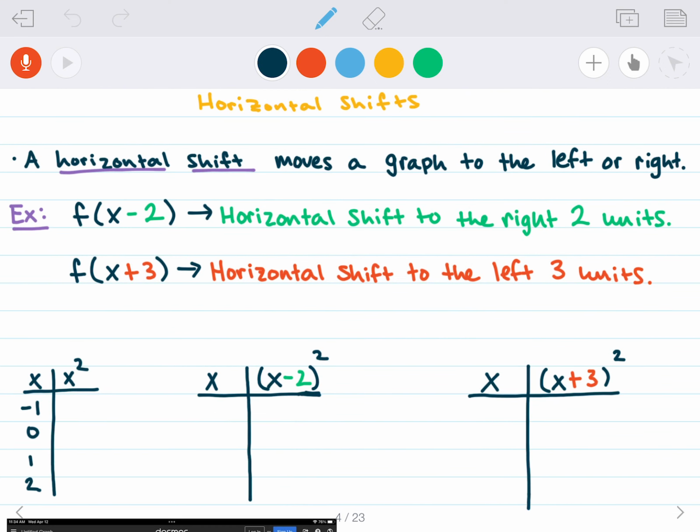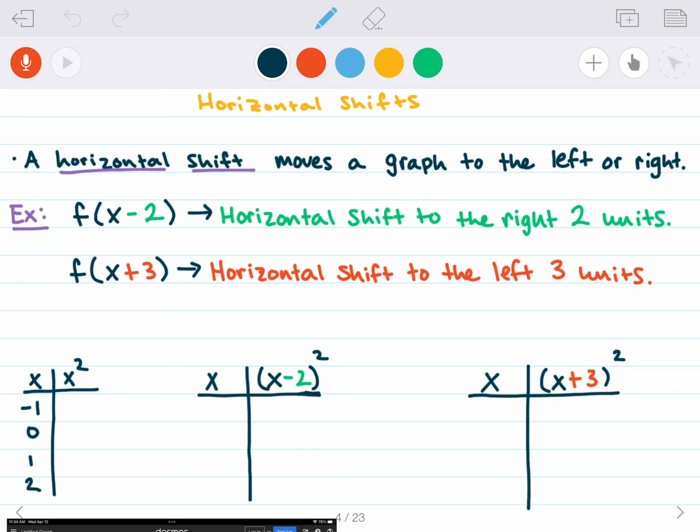So let's talk a little bit about horizontal shifts. Horizontal shifts move a graph from left to right, and these shifts are a little bit counterintuitive, and I'm going to attempt to explain why this is.